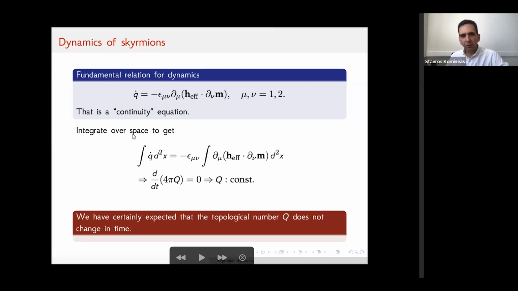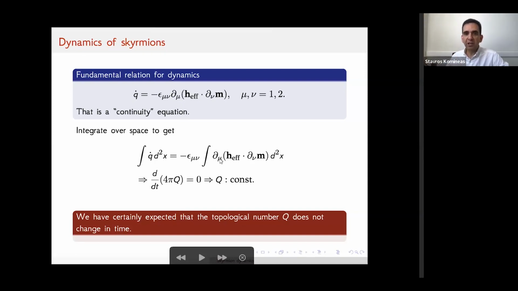If you integrate this over space, the left-hand side and the right-hand side, of course, the left-hand side is just the integral of Q, the skyrmion number, and you take the time derivative of that. The right-hand side is an integral of a derivative. Okay, this is the function at the ends of the integration interval, which is supposed to be at infinity.